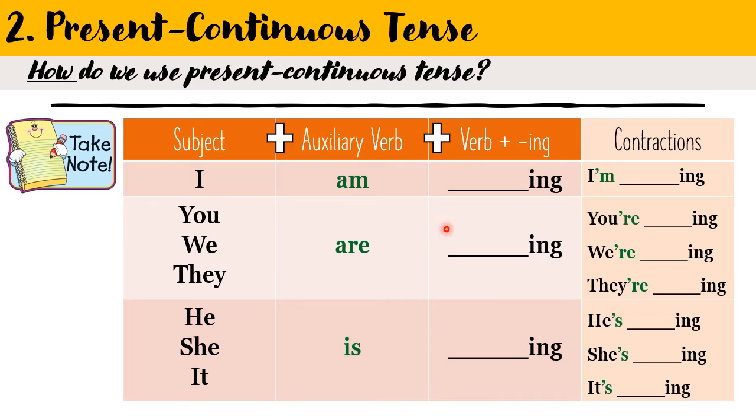It's quite simple actually. I am ing, you, we, they are ing, he, she, it is ing, and these are the contractions, meaning if you are using short form, for example, instead of I am, you write I'm. Okay, so these are the rules that you should take note and just remember in your head.